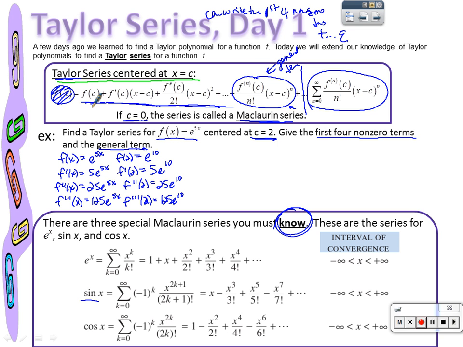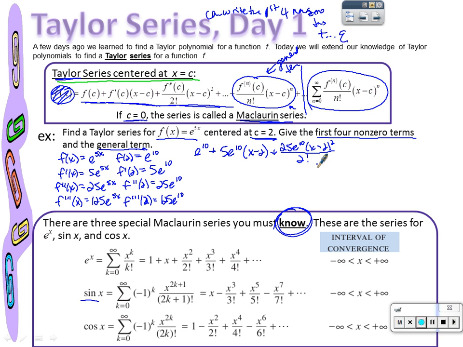We're going to start with our first term, e to the 10th, plus, using our format just like we did previously, 5e to the 10th times x minus 2, plus, then our next term is going to be 25e to the 10th times x minus 2 squared over 2 factorial. You do not have to simplify, you can just leave it like that.